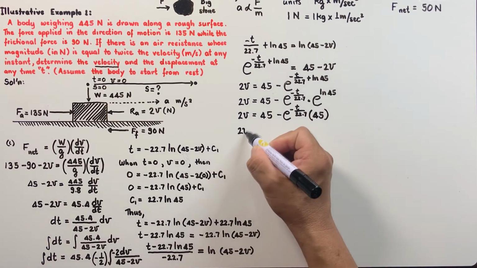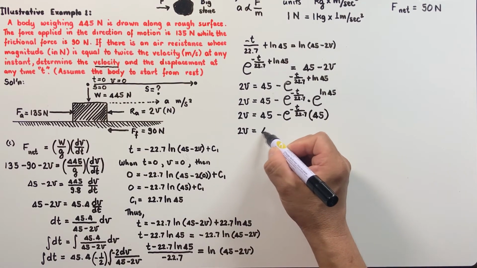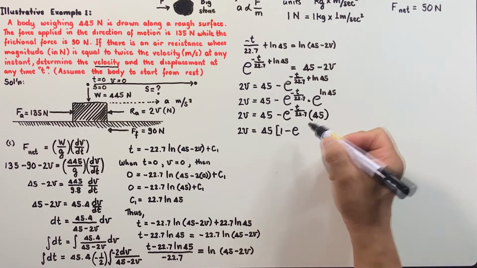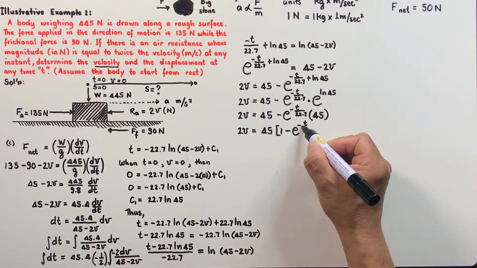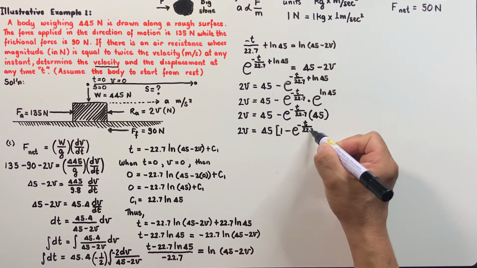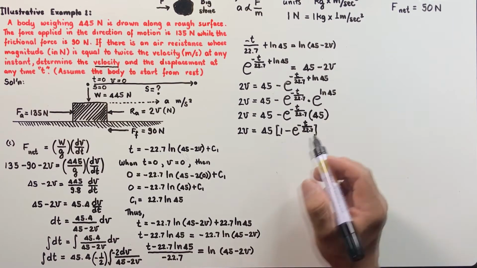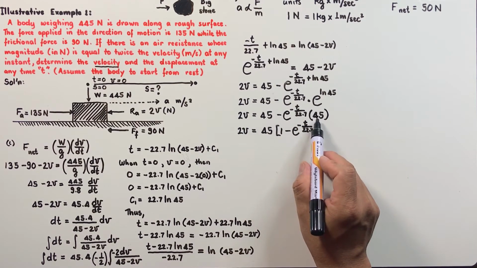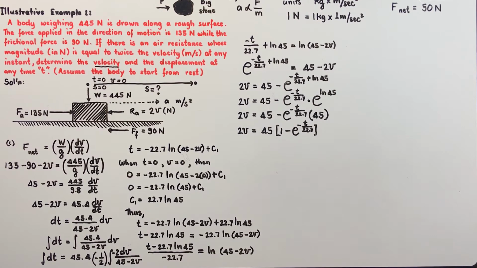So 2v is equal to 45 times 1 minus e to the power of negative t over 22.7, because we factor out the common factor here, which is 45.